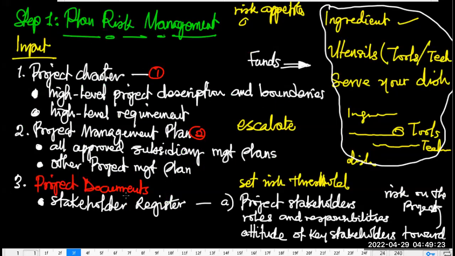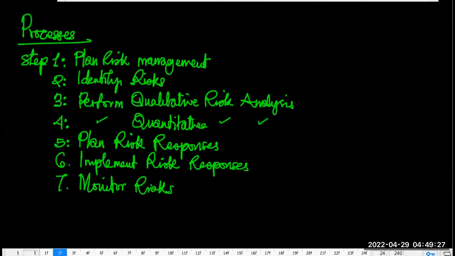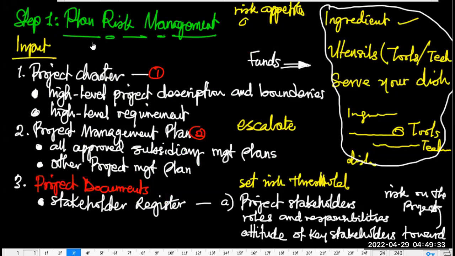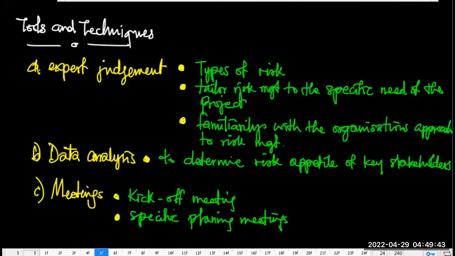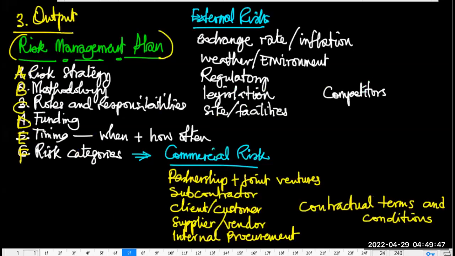Everything from here till the end was a discussion of the first process of risk management, which was plan risk management. So we looked at the inputs, we looked at the outputs, as well as the tools and techniques, right?